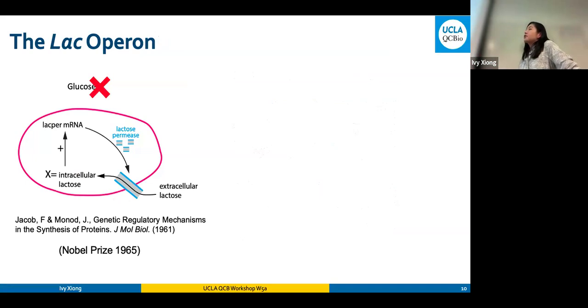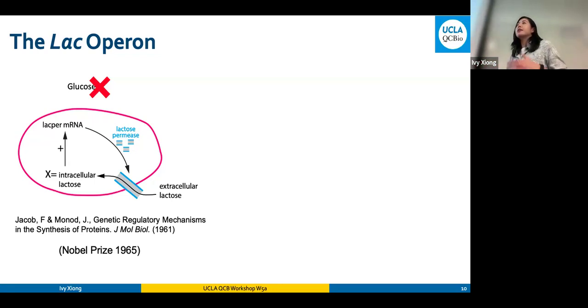Usually, bacteria use glucose. However, when glucose is not available, they switch to using lactose as an energy source. To do that, the E. coli bacteria have to upregulate this protein so that lactose can go into the cell. So it's an energy-demanding process.